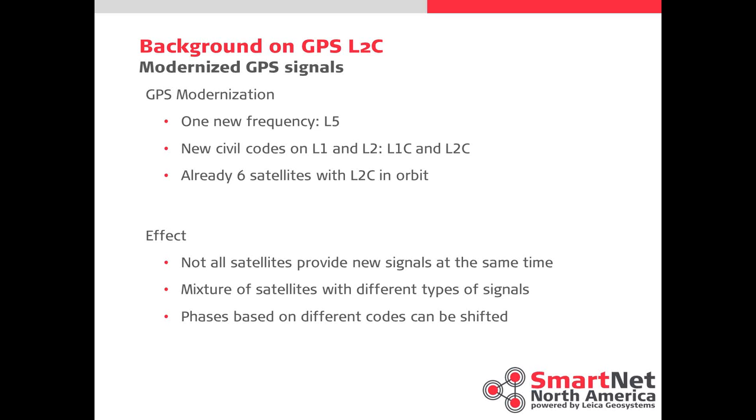So this is something that we have to take care of on the network side, as well as something you have to know about on the rover side, because some manufacturers do different things to bring L2C in line with L2 in regards to phase shifts. We can provide more documentation on that, but we don't want to spend a ton of time on it. But we'll tell you how we fix it.